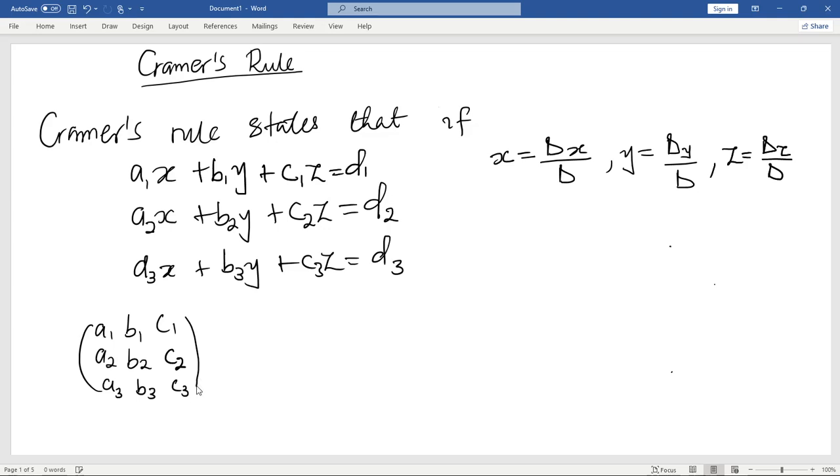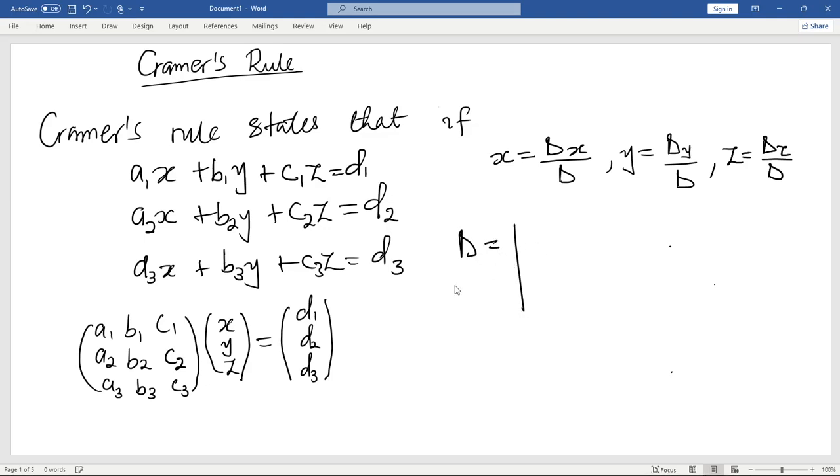The variables we're looking for, x, y, and z, are equal to the constants on this side, d1, d2, d3. Now, the value of d is simply equal to the determinant of this matrix.